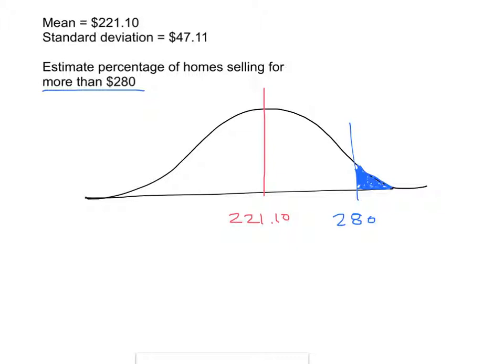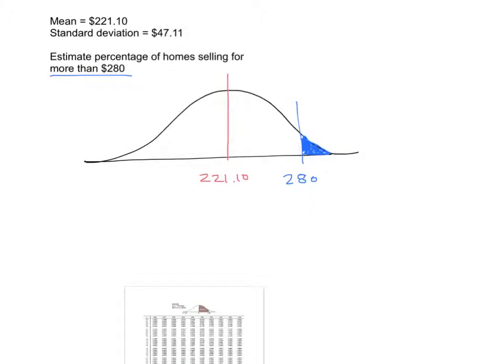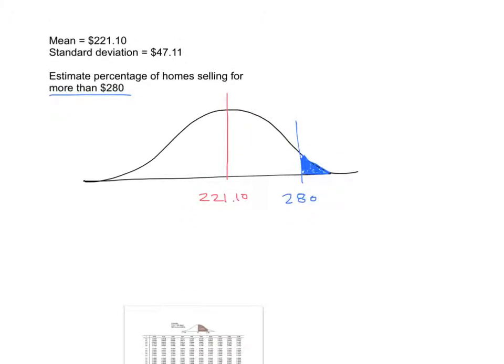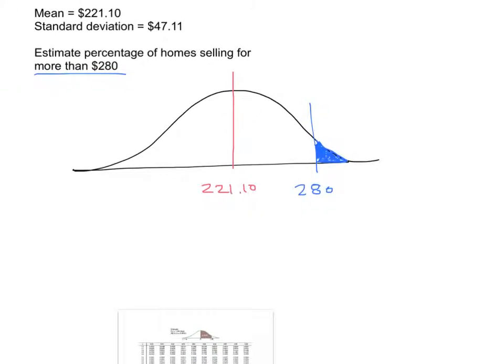Well, because different data sets are going to have different means and different standard deviations, what we end up doing is we standardize this curve so that we can use our table, which you're going to see below.